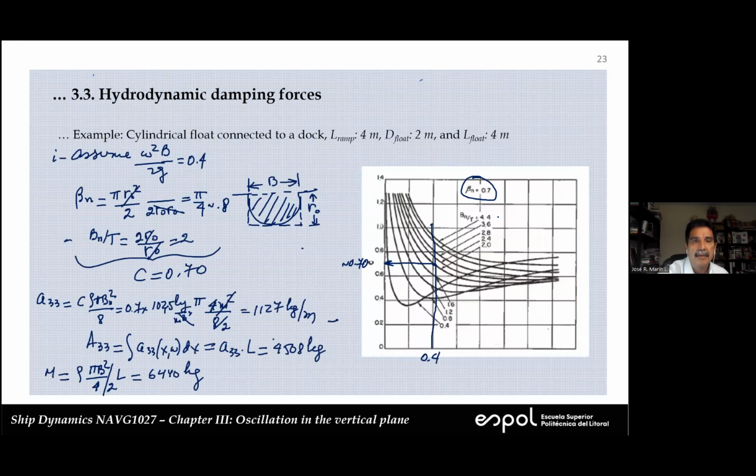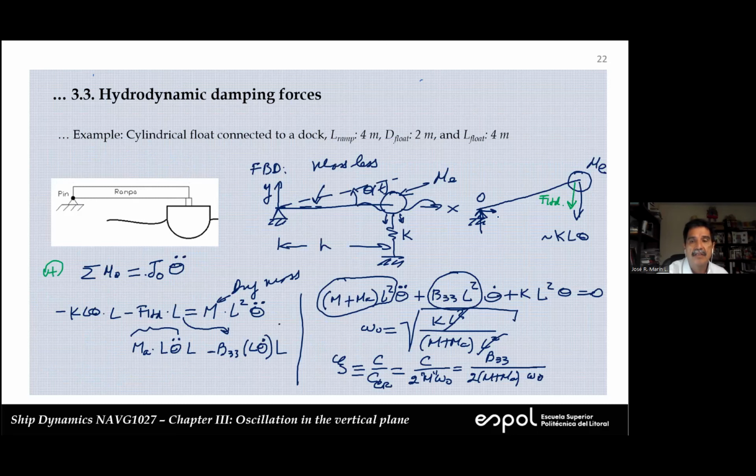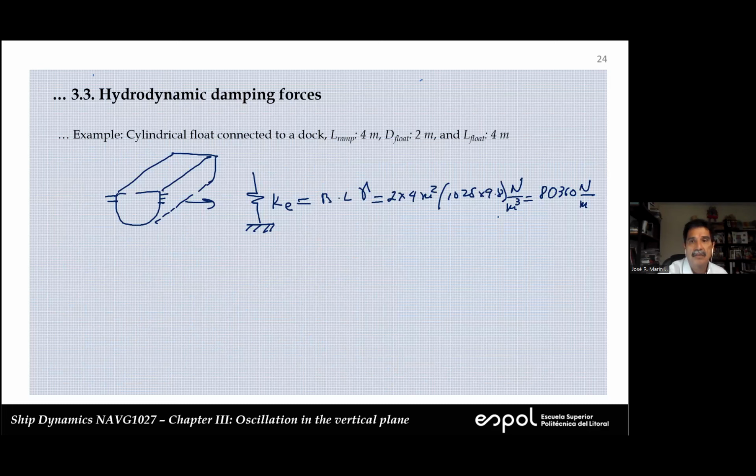And now, finally, we can go back and see this expression for omega 0: K over added mass plus mass. So finally, omega 0 is 80,360 newtons per meter.